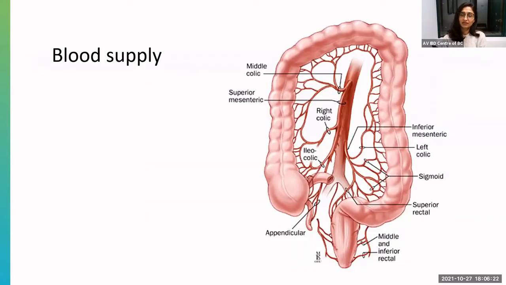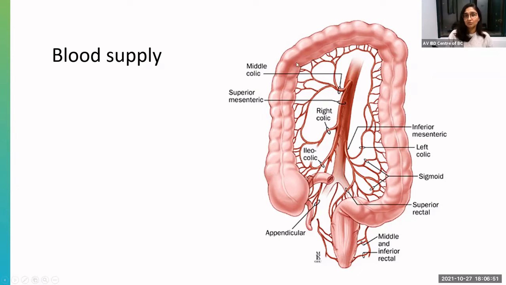This is a depiction of the blood supply to the colon. And this is important because a lot of the different types of operations we do on the colon are dependent on the blood supply. So here you see the first branch, which is the superior mesenteric artery. From the superior mesenteric artery that comes off the aorta, you have your ileocolic branch that supplies the ileum along with the cecum. You have the right colic branch, which supplies the right colon, as the name suggests.